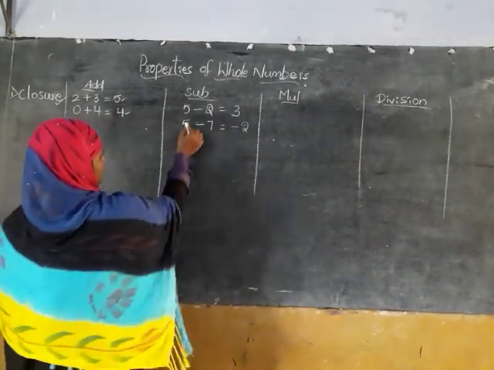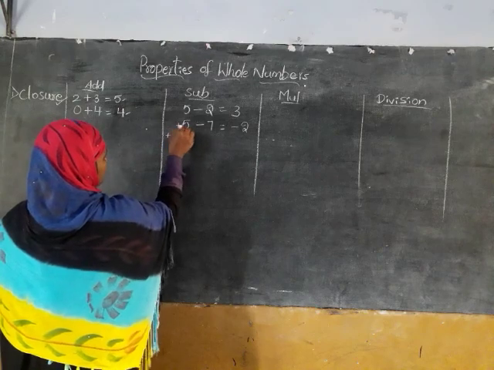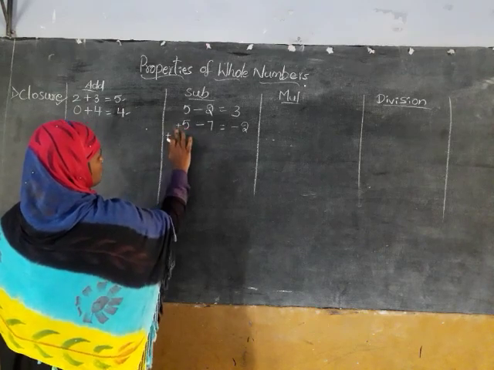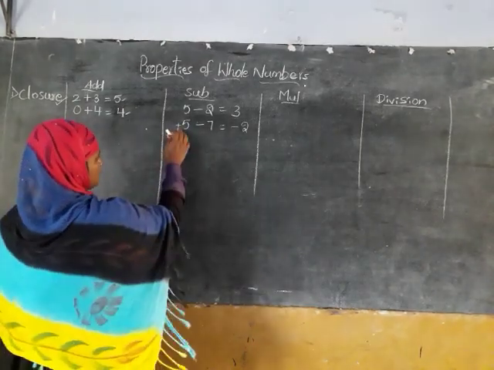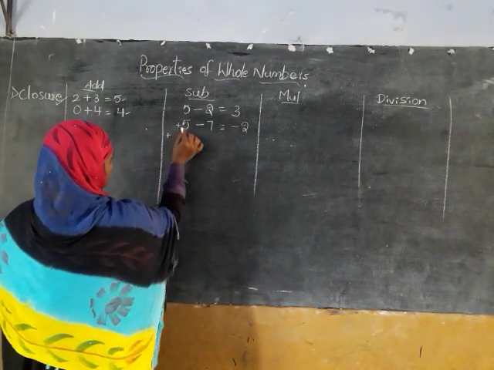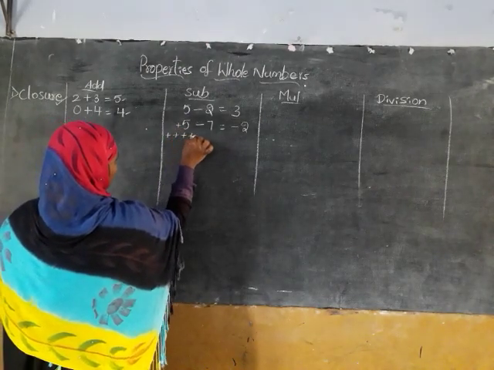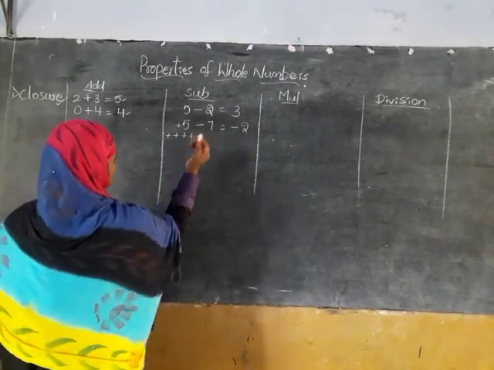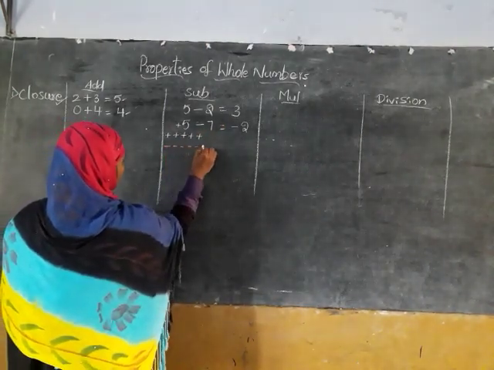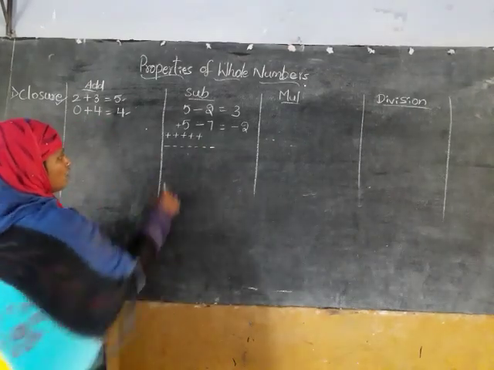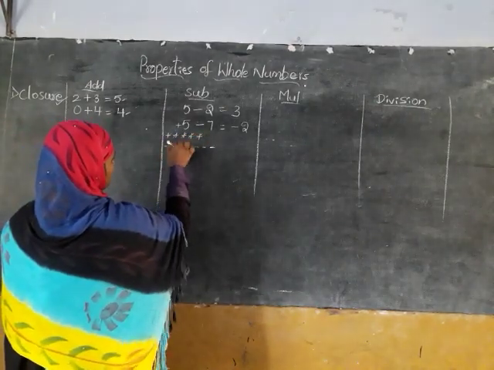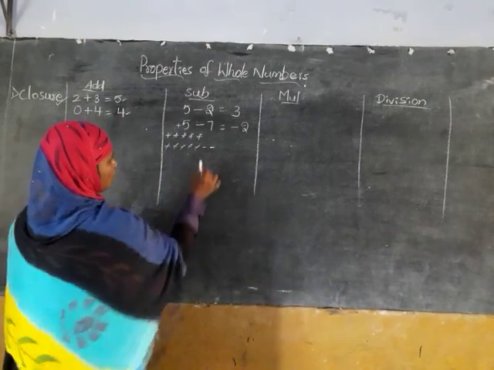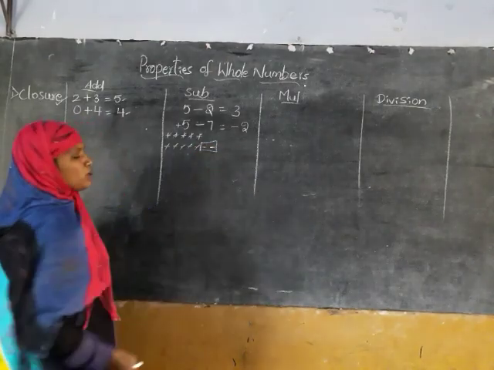How? Here, if there is no sign, it is taken to be plus. So how many plus signs are there? 5: 1, 2, 3, 4, 5. Here minus 7 means 7 minus signs: 1, 2, 3, 4, 5, 6, 7. So the 5 plus signs cancel with 5 minus signs. What are we left with? 2 more minus signs.